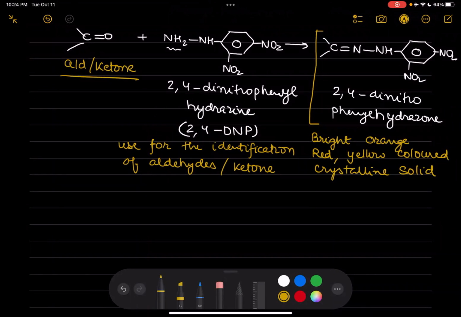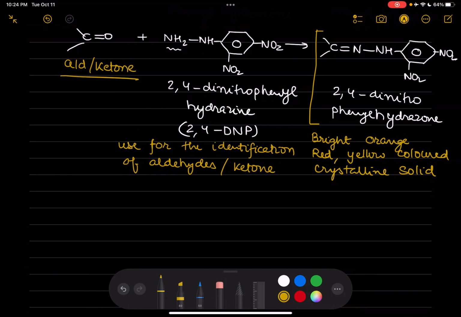Only aldehyde and ketone give the test, not carboxylic acid or acid chloride. The carbonyl group CO is there in anhydride, amide and acid chloride, but they don't give it. Aldehydes and ketones both will give this test, so you can't distinguish between them, but you can use this test to distinguish aldehydes and ketones from the rest of the functional groups. Is it clear?